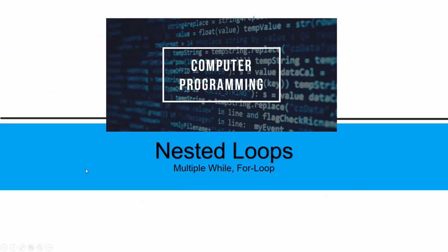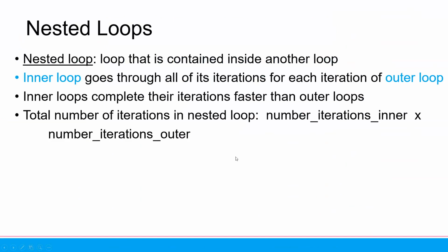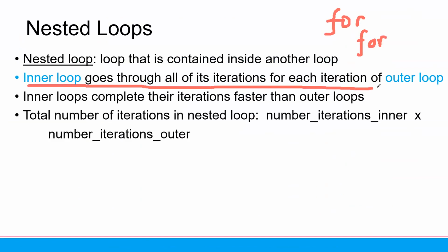So we already learned many things about for loop. Now we are going to learn about nested loop. What is nested loop? So nested loop is a loop that is contained inside another loop. So we have for, and then we have another for. The inner loop goes through all of its iterations for each iteration of the outer loop.